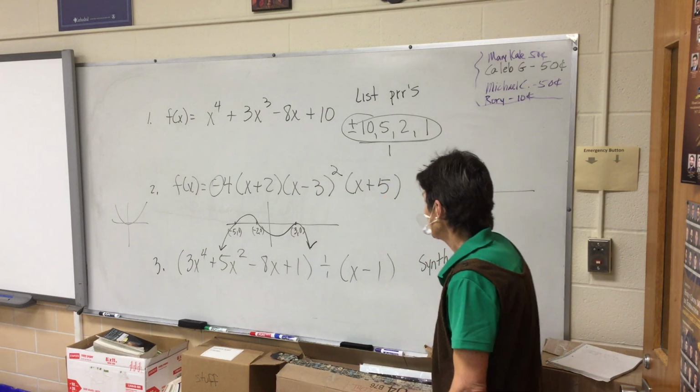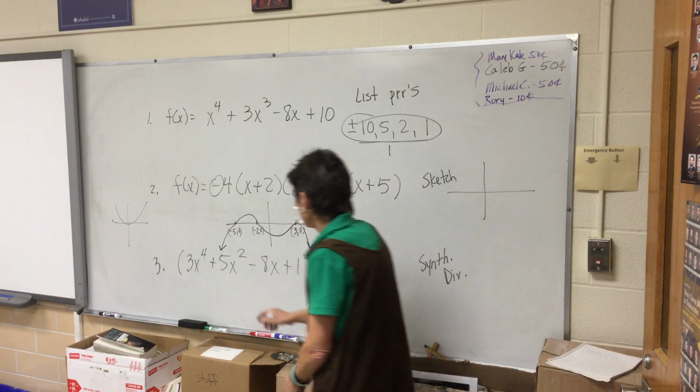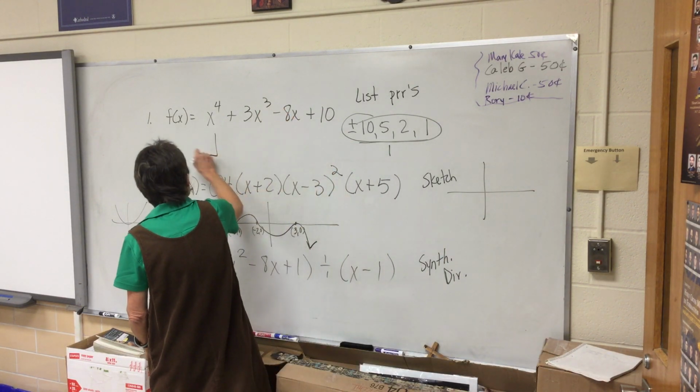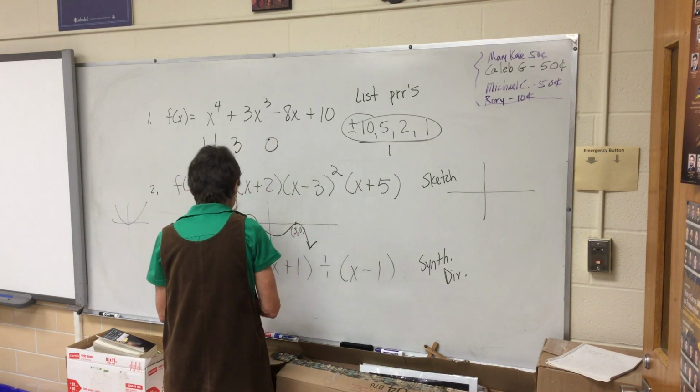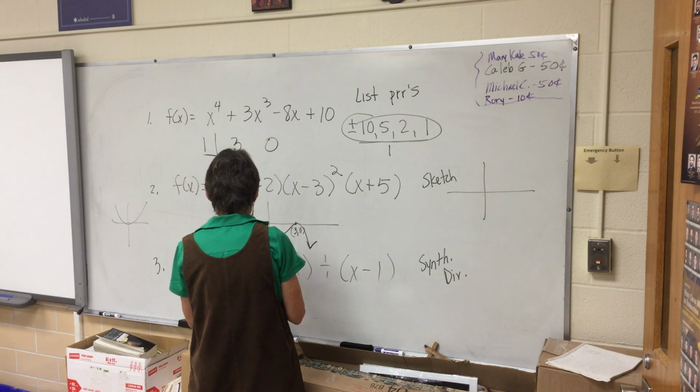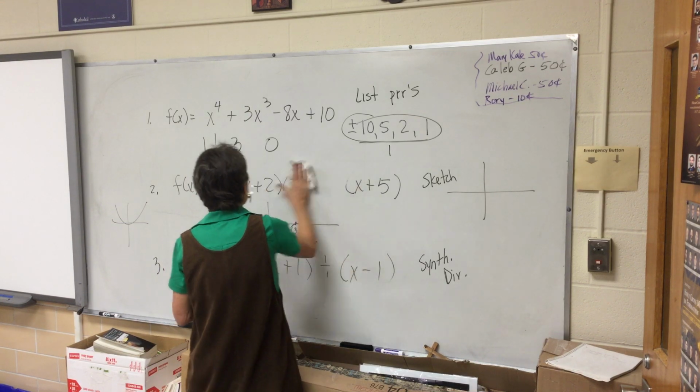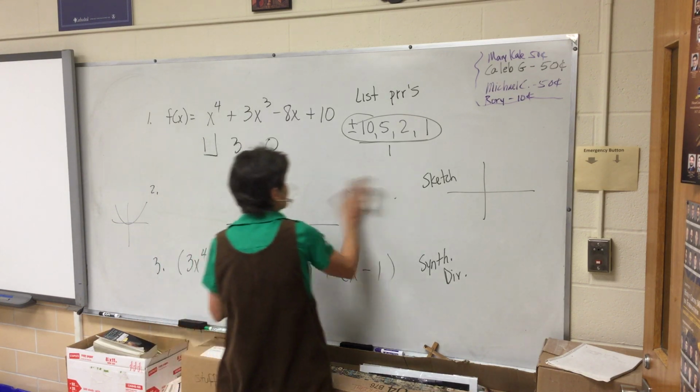And then our division problem, you did 1 divided into 3, 0. Did you catch the 0? 5, -8, 1.